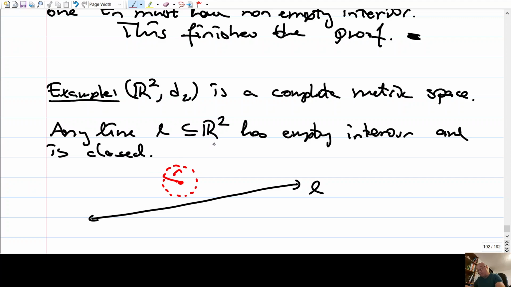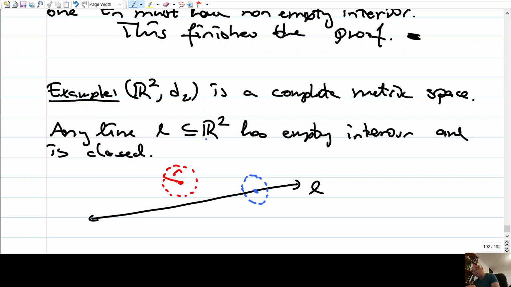And if you choose a point on the line, then no ball around this point lies inside L. This shows that L has empty interior.